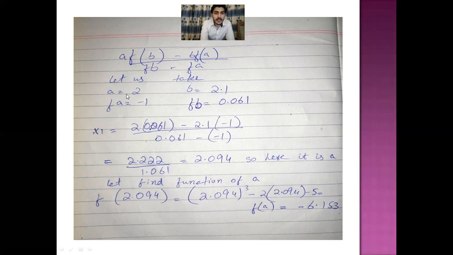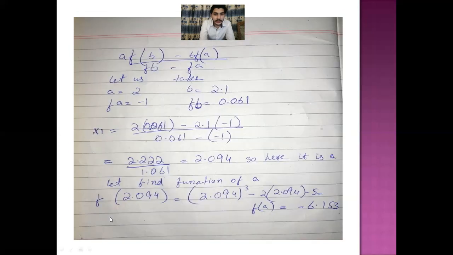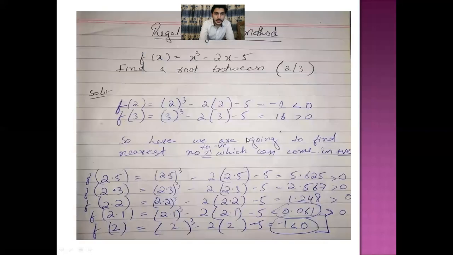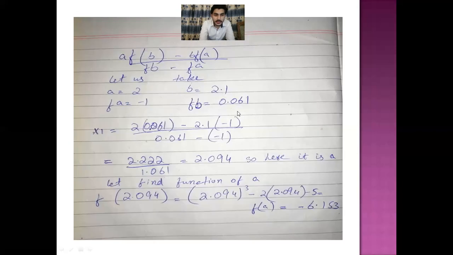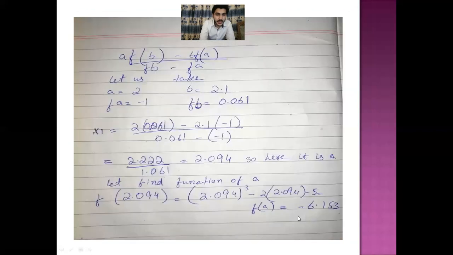Let us take a is equal to 2, that we have taken the a, we are taking this a and this to b. 2.1 is b and minus 1 the function of a, okay, and 0.061 this is the function of b. We are assuming that this is b and this is a. The function of a is minus 1 and the function of b is 0.061.